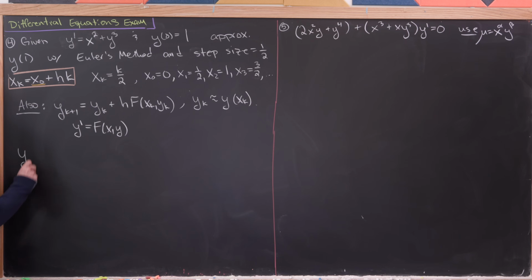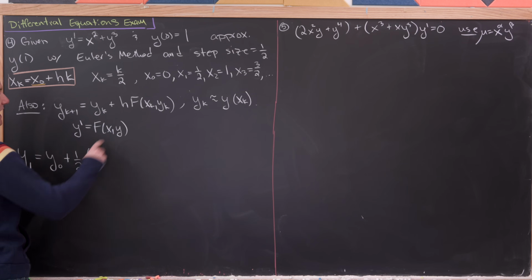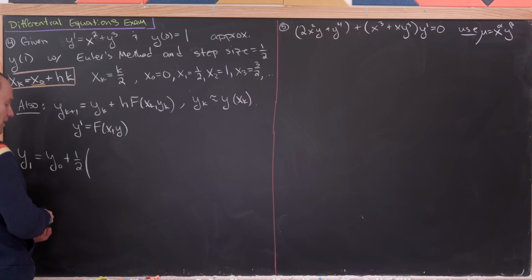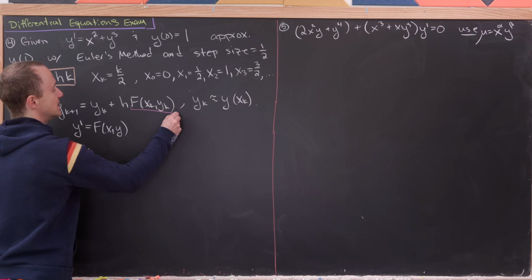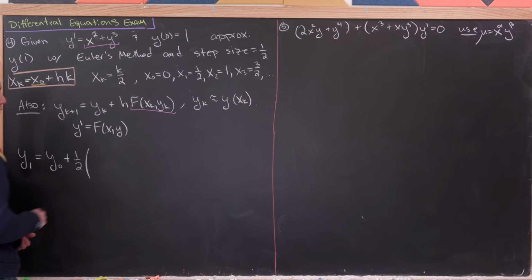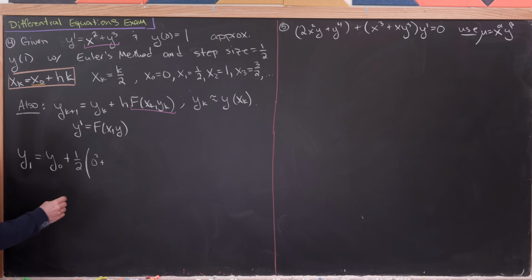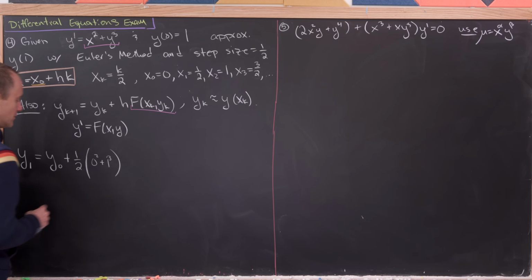So for us, y sub 1 is going to be equal to y sub 0 plus our step size, which is 1/2, times our function. Notice our function here is simply x squared plus y cubed evaluated at x0, y0. So that's going to be 0 squared plus 1 cubed.